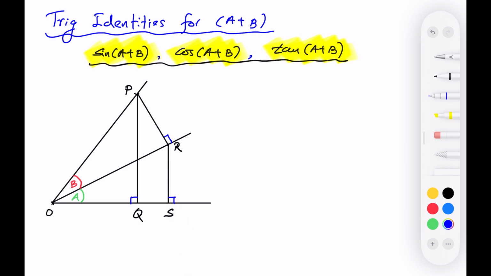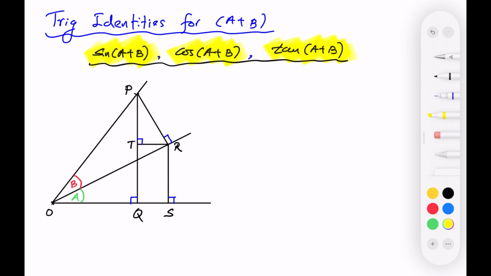Our construction is not yet complete. I need to draw one more perpendicular line. That perpendicular line is going to be drawn from point R onto this vertical line. Let me draw that line like this. We will label this point as point T. The angle right here is also 90 degrees. Now our construction is complete.